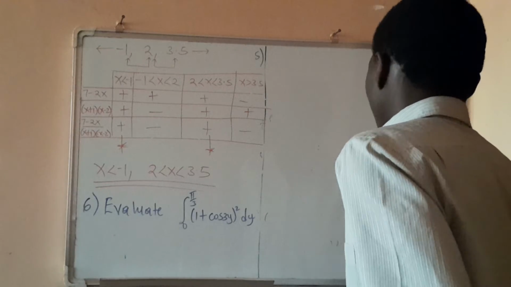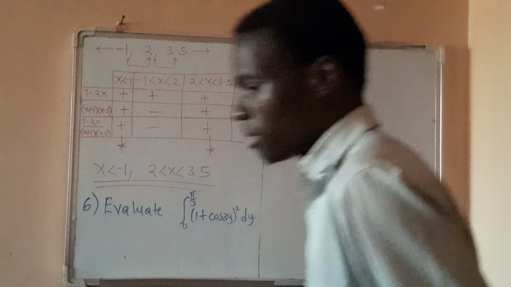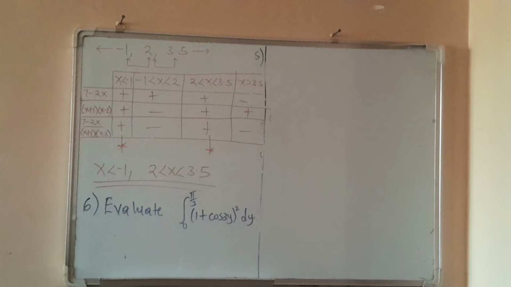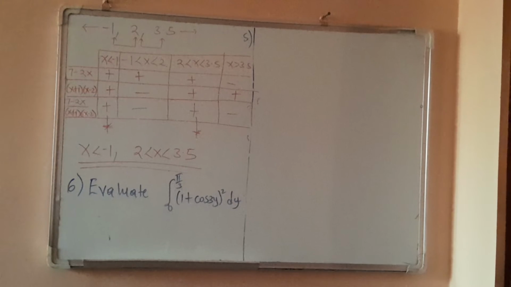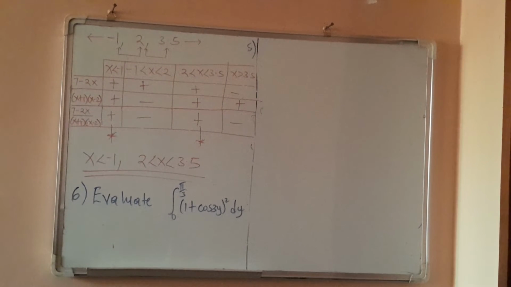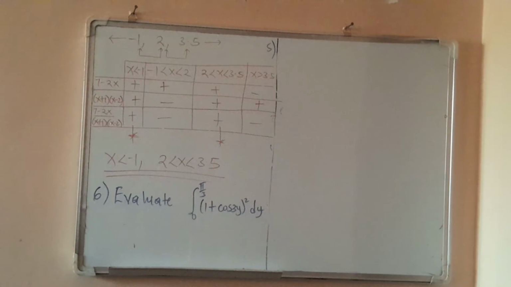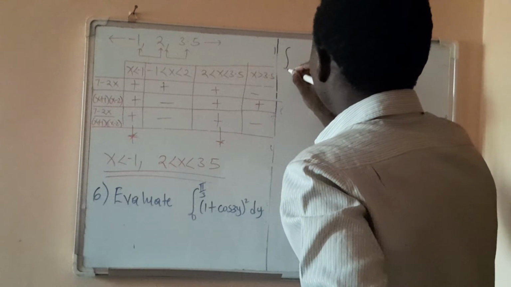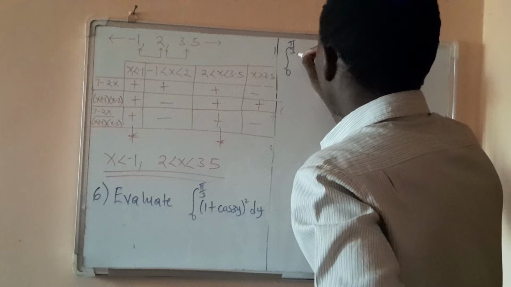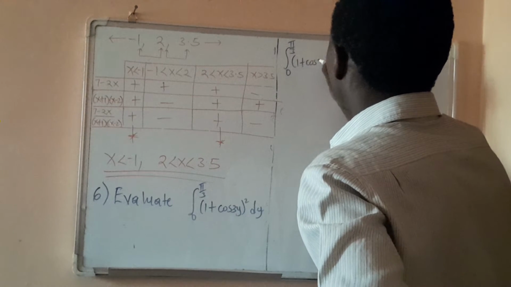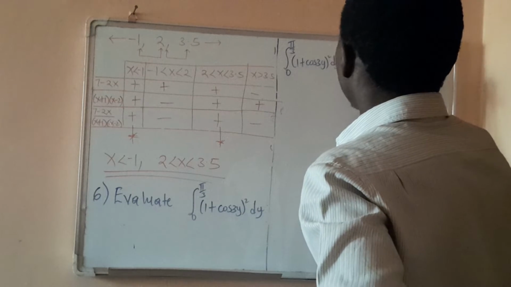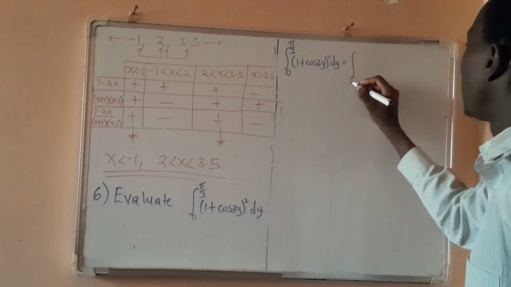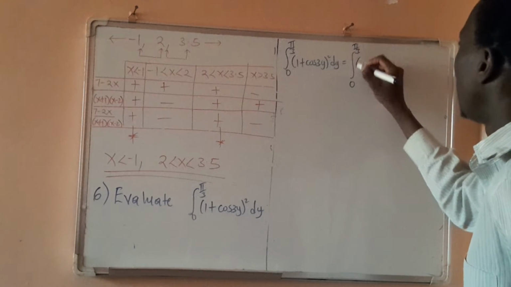So we can first expand that function. So the integral from 0 to pi over 3 of (1 plus cos 3y) squared dy is equal to the integration from 0 to pi over 3 of the expansion.